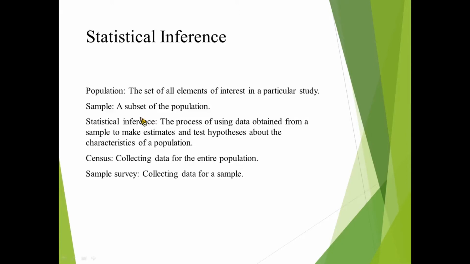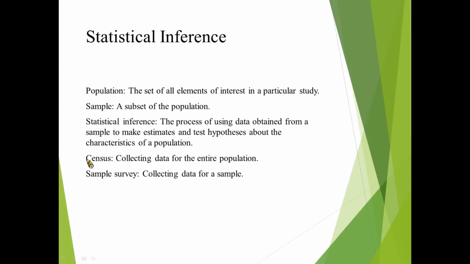So this is the sample. And statistical inference is the process of using the data obtained from the sample to make estimates and test hypotheses about the population. Okay, this we will cover in a later class. And the census collects data from the entire population.